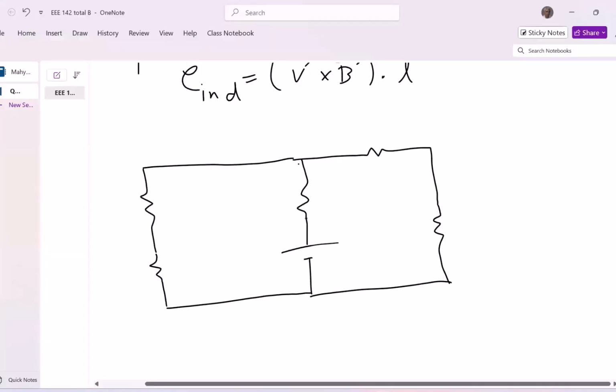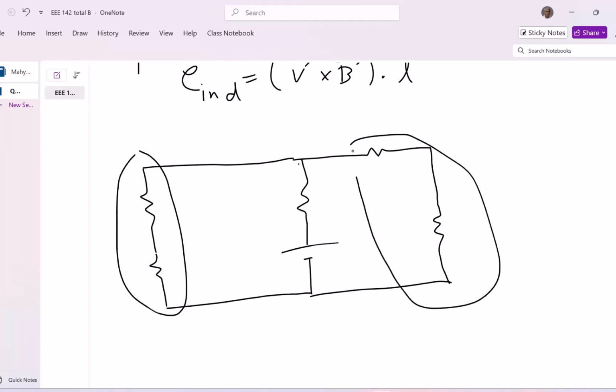You have to consider the fact that you have to take these 2 in series, and then these 2 in series, and then the results in series with this. So these 2 are getting in parallel, in other words. This is going to get into 2 paths. Call this phi 1, this phi 2.